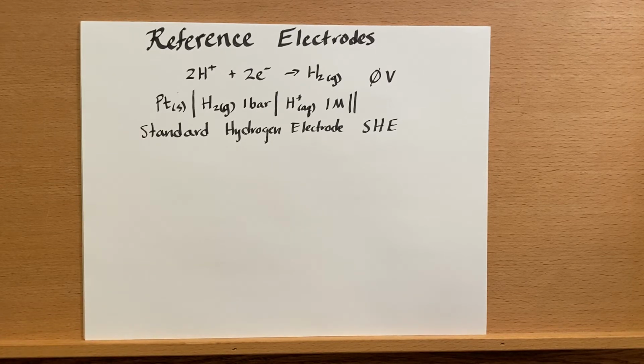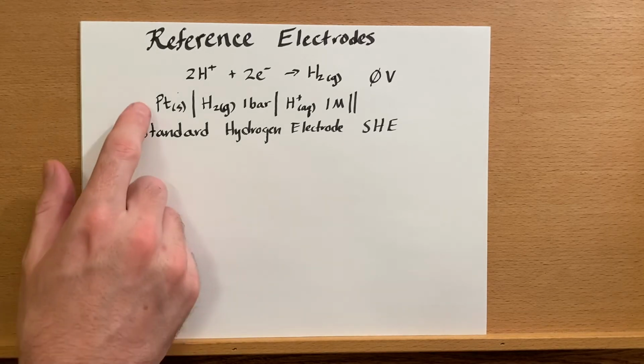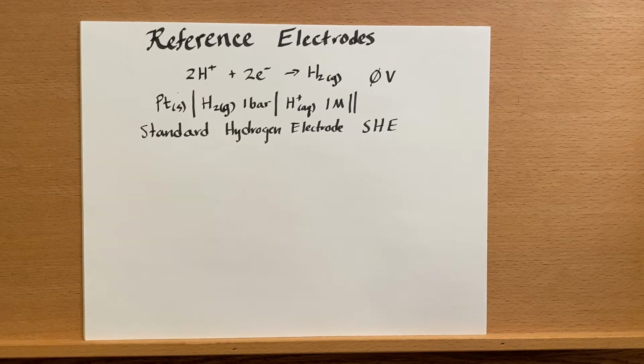And we tend to like to use hydrogen. It is the most abundant element in the universe, so we won't run out of it. We may run out of the platinum to use, but that doesn't get used up during the reaction. So it's what we chose.